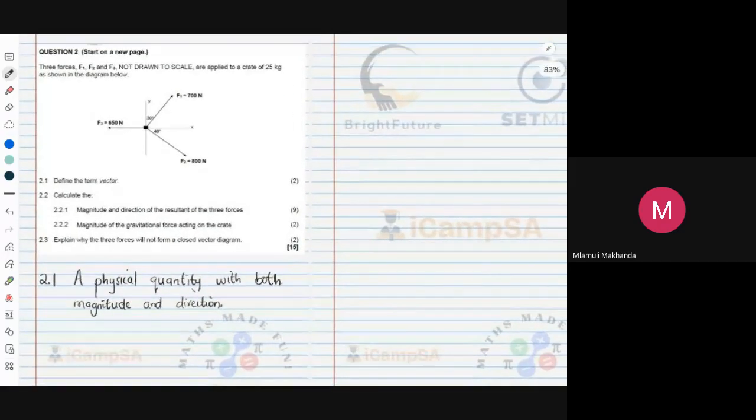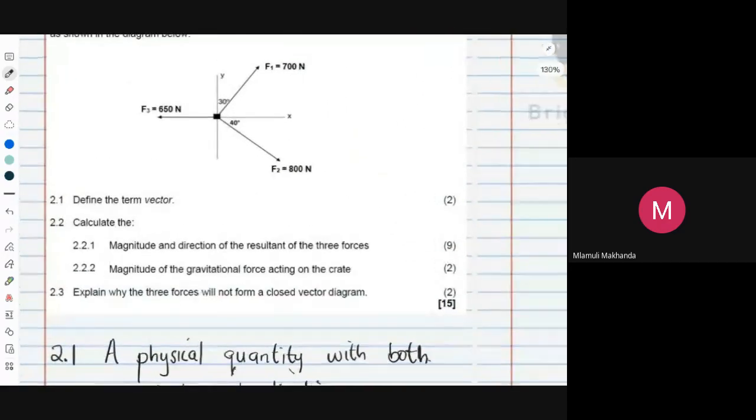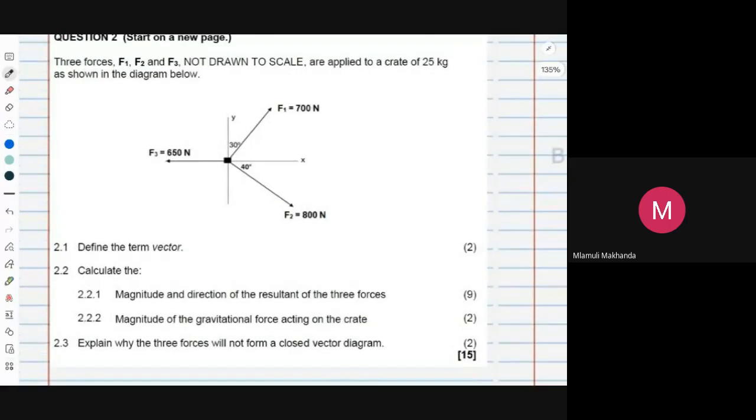Right. So I want us to do something now and go to 2.2.1. We are asked to find the magnitude and direction of the resultant vector for these three forces that we have here. So here's something to always do. Whenever you're given this diagram, step one, you make sure that all of your forces are resolved into their components, their X and their Y components.